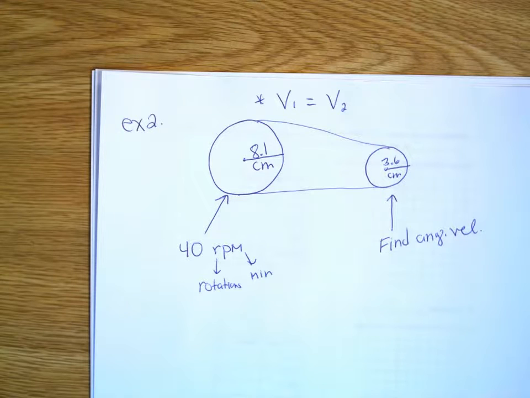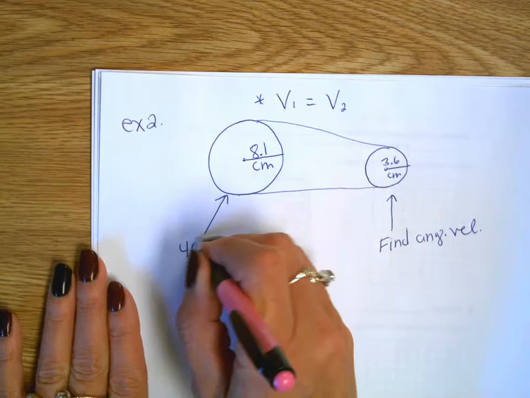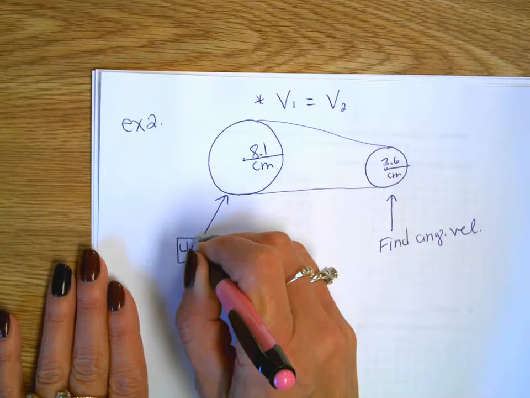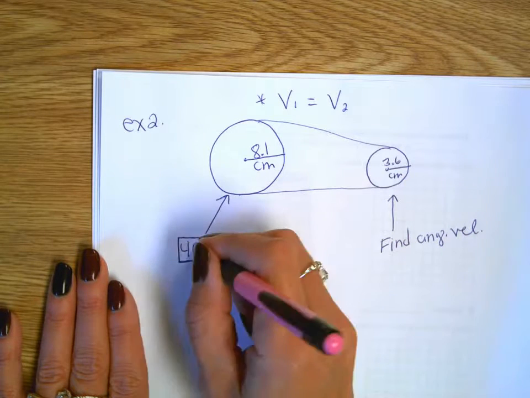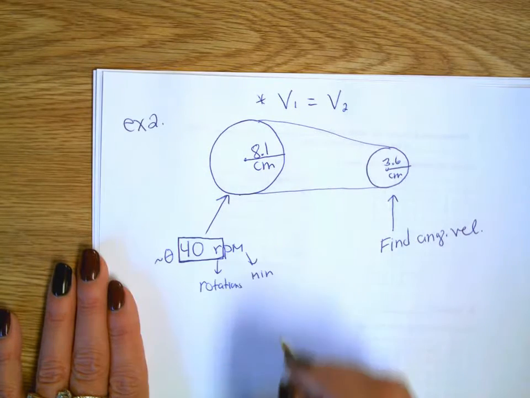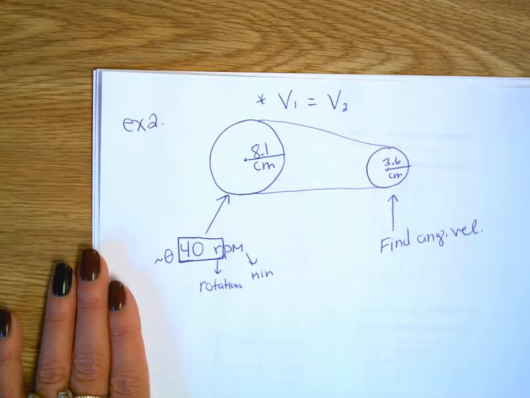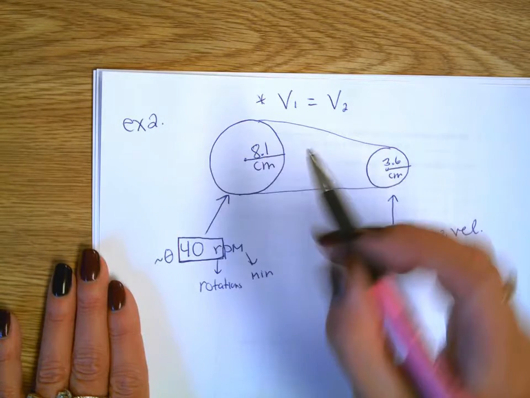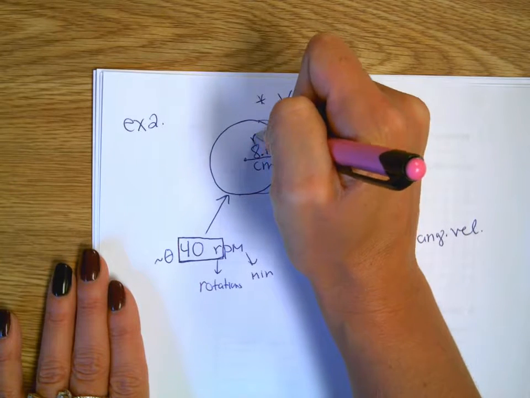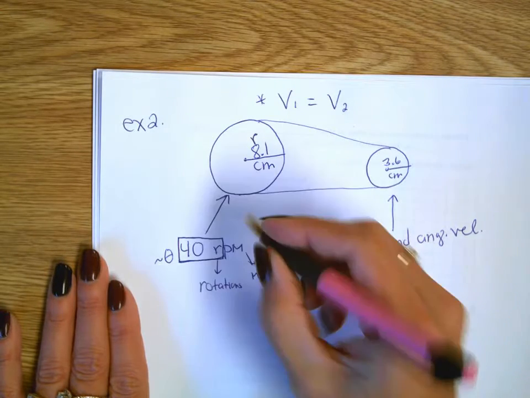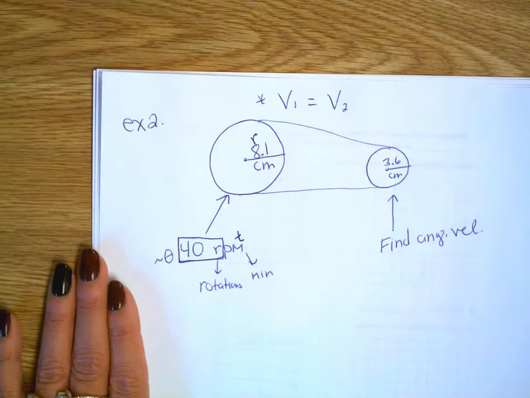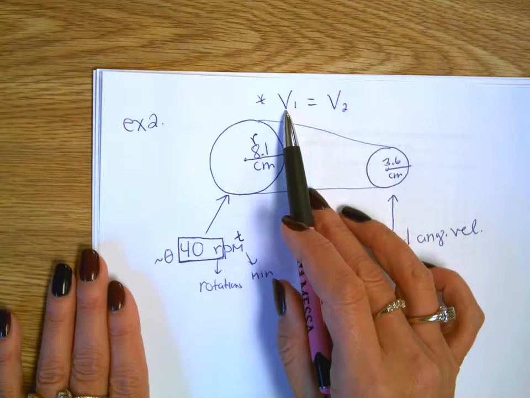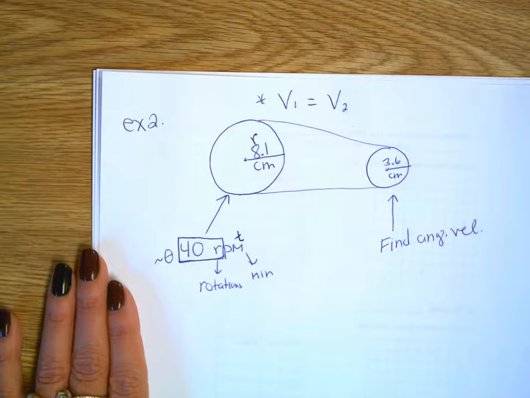No red flag. Okay. What do rotations tell us, or what can we get from the number of rotations? We can get radians. So I like to call this almost theta. Because theta's radians, I can get radians if I know rotations. The 8.1 is our radius. And we've got a time value of a minute per minute time. And we can find big V. Big V, if you look up there, is arc length over time, but arc length is found by r and theta.